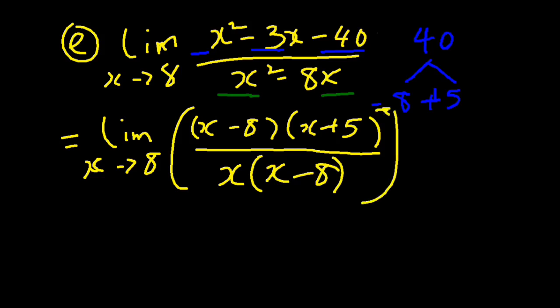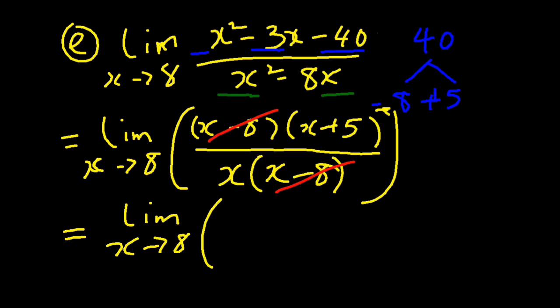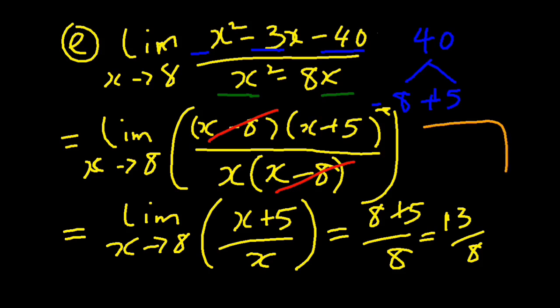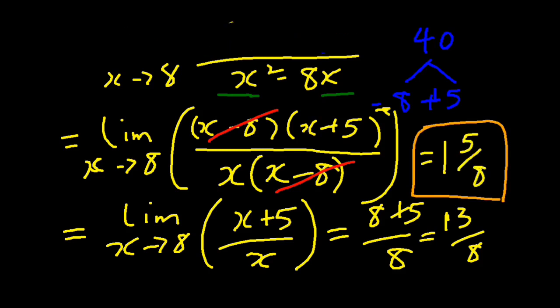So x minus 8 will cancel each other, and this will left limits when x tends to 8 into x plus 5 over x. Now let's substitute. 8 plus 5 over 8 is equal to 13 over 8, and this is the same thing as 1 whole number 5 over 8.